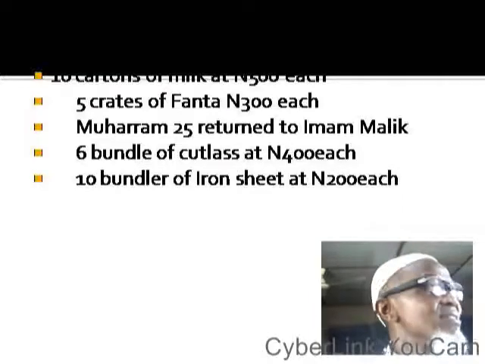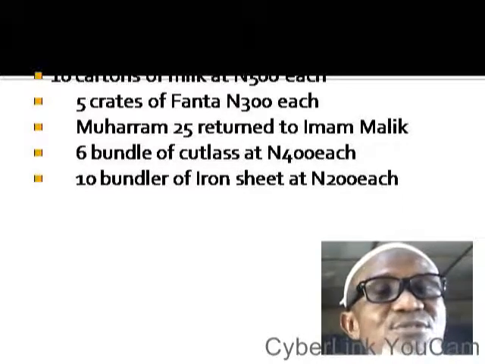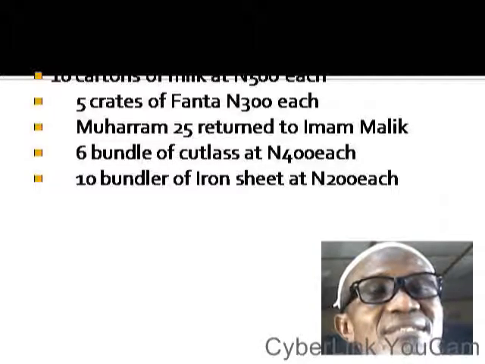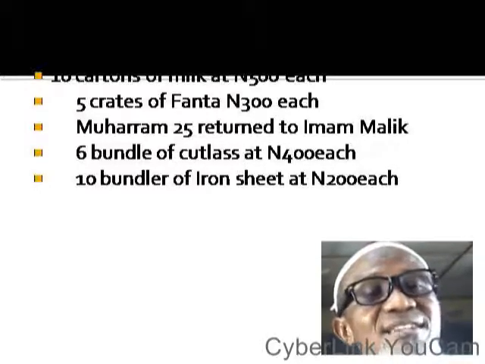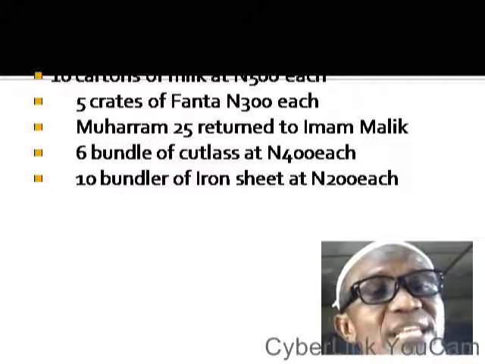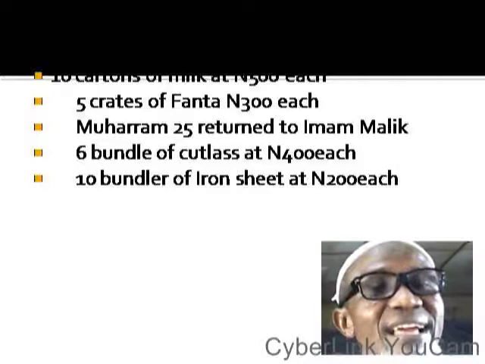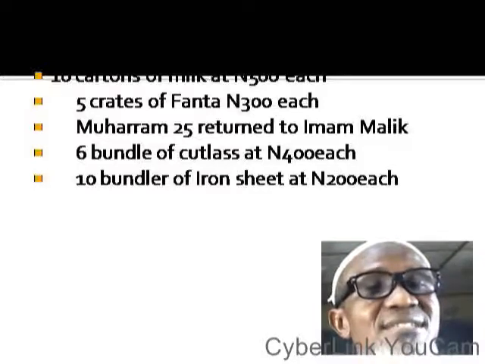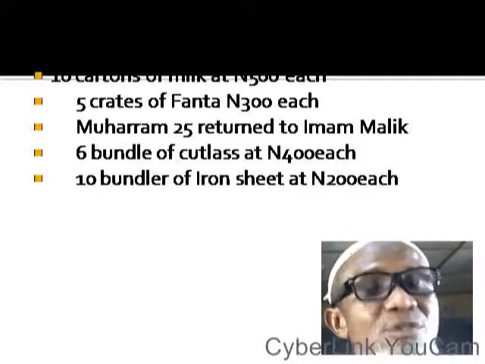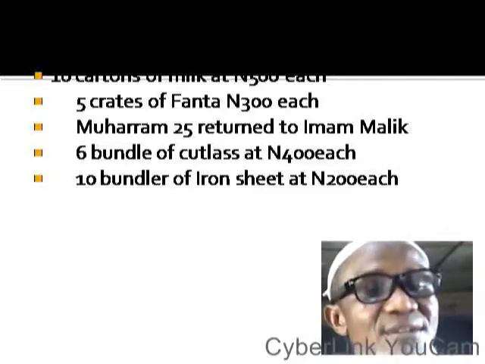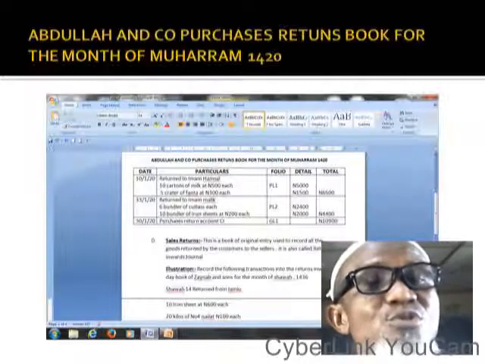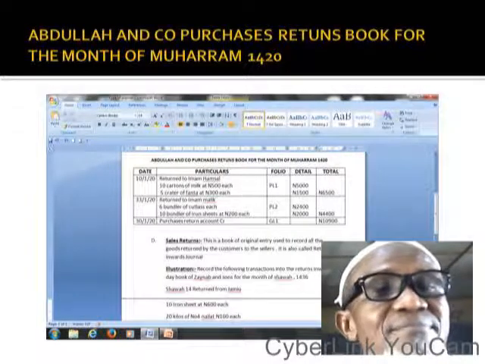At the same time, Imam Malik also returned 10 bundles of iron sheets, which cost 2,000 naira each. You multiply that 10 by 2,000 to give you 20,000 naira. Sorry.